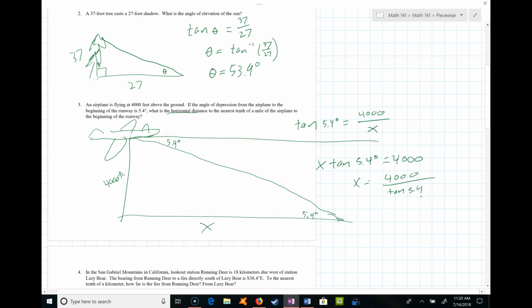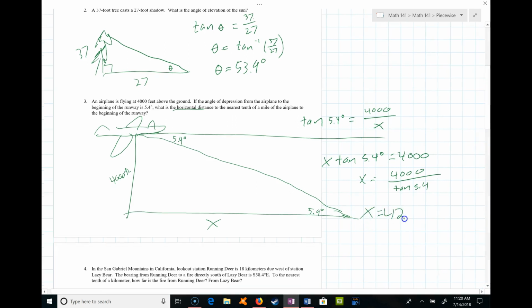Put that in my calculator, 4,000 divided by tan of 5.4, and I get x is equal to 42,315.6 feet.